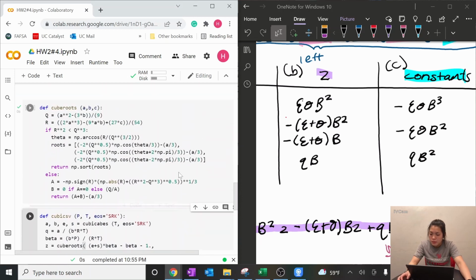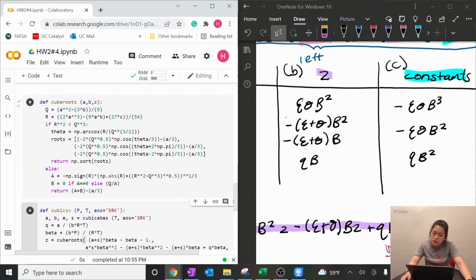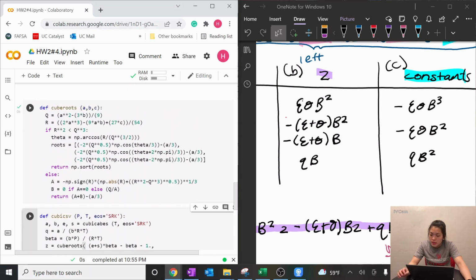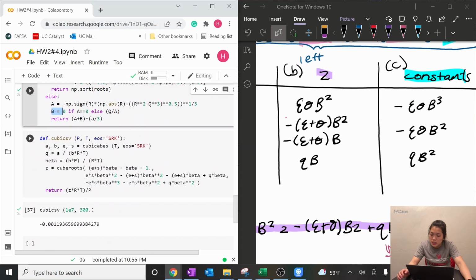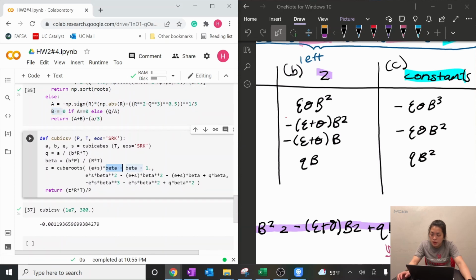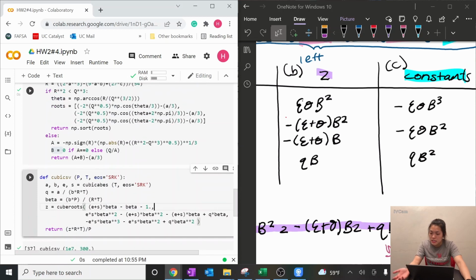And previously, when I was troubleshooting, I noticed that we have a b value determined here, and then we named the same value b down here. So I just changed all of the b's down here to betas. This is to make sure that there's no confusion between the different b's, and it makes it a little easier when you're reading the code that you know that this is beta while this is the b value for the cubed roots. Yes, they're different functions.